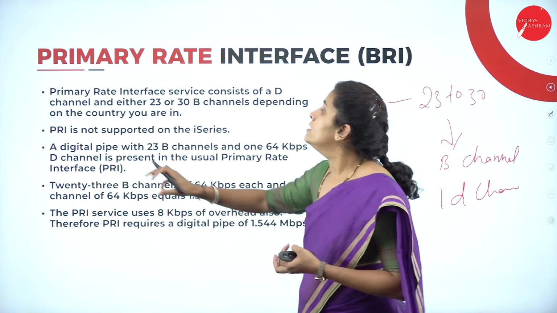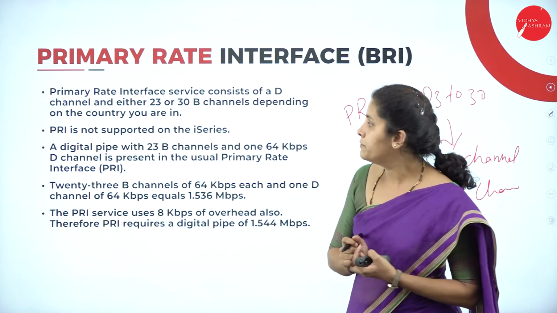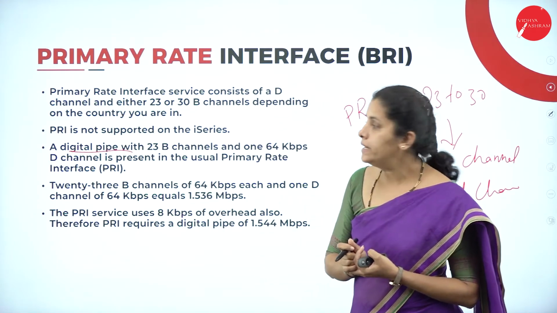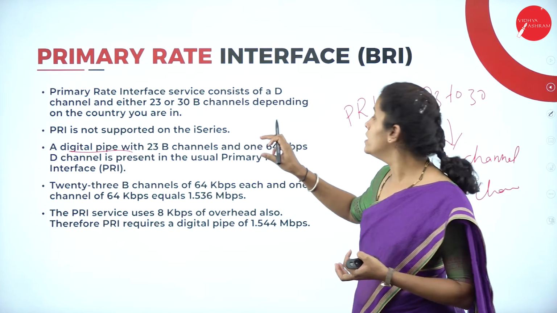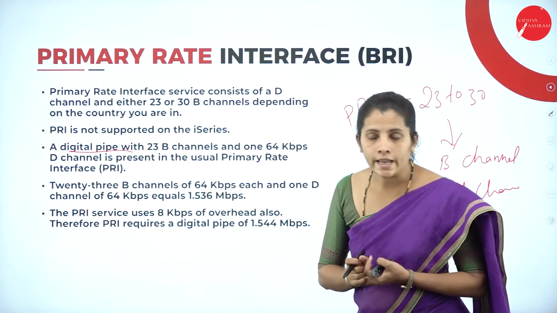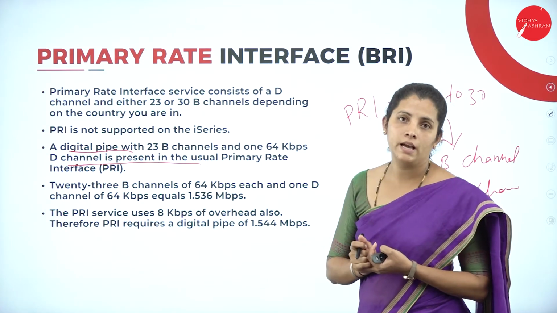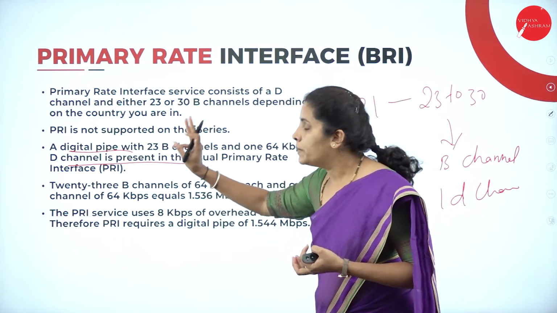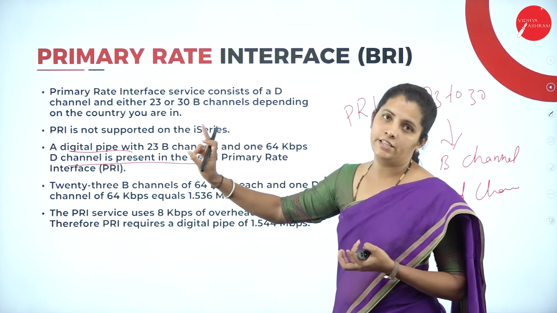So here the PRI does not support ISDN services, where a digital pipe with 23 B channel and a 64 kilobits per second D channel is represented in the PRI. That means the PRI includes 23 B channel and 1 D channel.